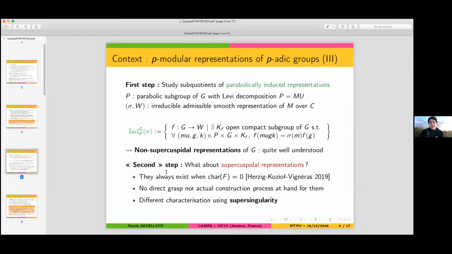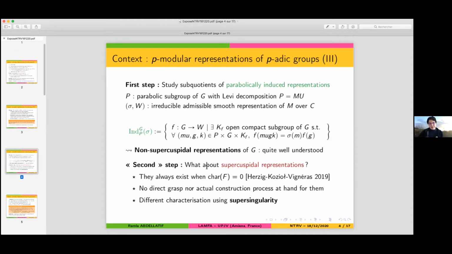When F is a finite extension of Q_p, it's a recent result of Herzig, Koziol, and Vignéras that they always do exist, such supercuspidal representations. Maybe I should say that in special cases like GL2, SL2, U(2,1), U(1,1), we knew beforehand that they exist, because we know how to build such representations, but there was no general result saying that. In this paper, they prove that when F is of characteristic 0, you're sure that they do exist. So you're not suffering painfully for nothing.